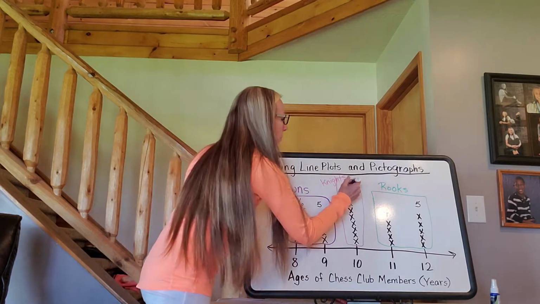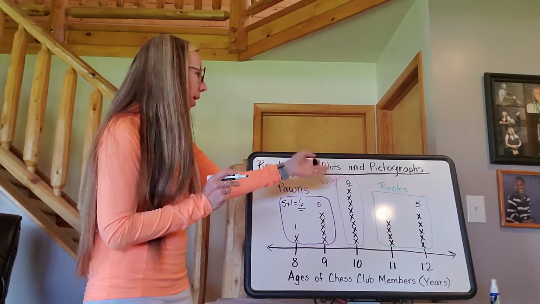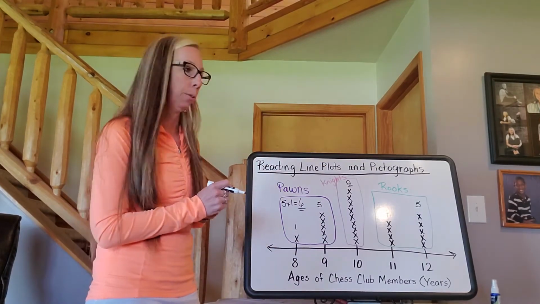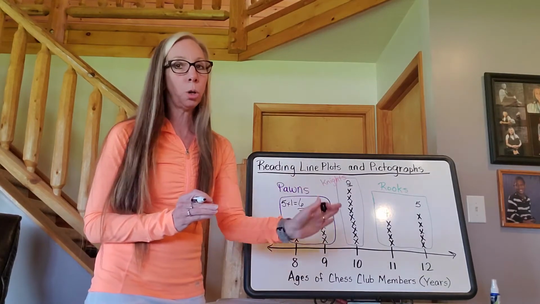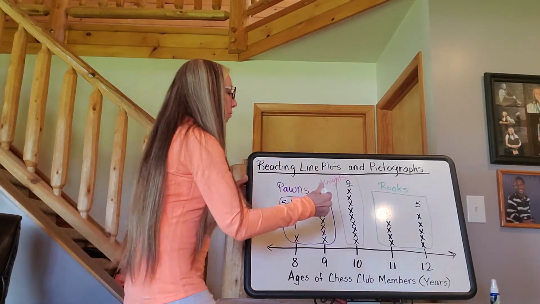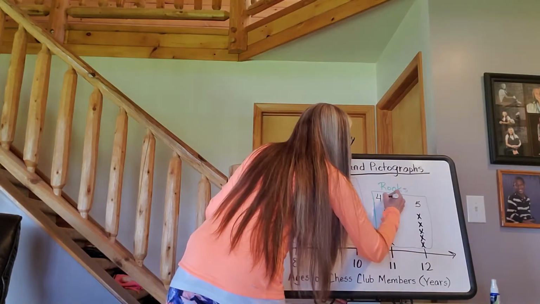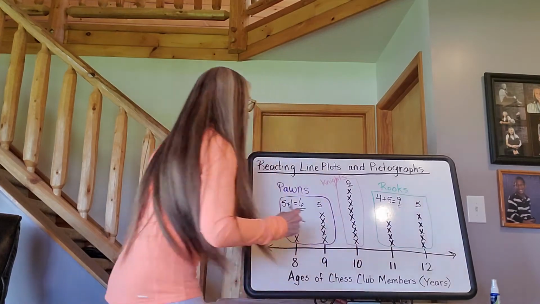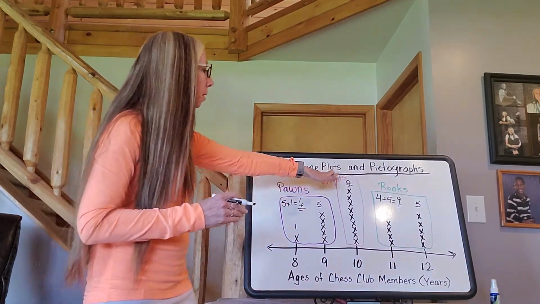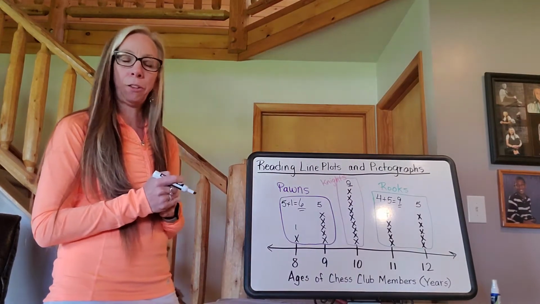So we know, because we wrote our 9 up there, there are 9 that are in the knights that are 10 years old. And then the rooks are older or over 10. So now we have to add 4 plus 5 because both of these groups are over 10. So 4 plus 5 equals 9. So we have 6 pawns, 9 knights, and 9 rooks. And that's how you would figure that out.